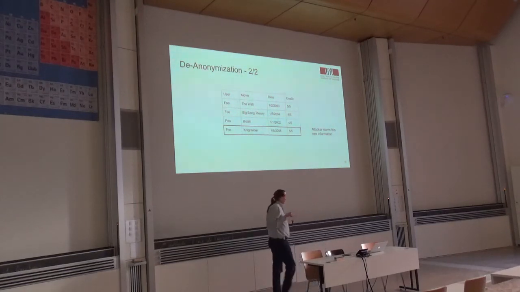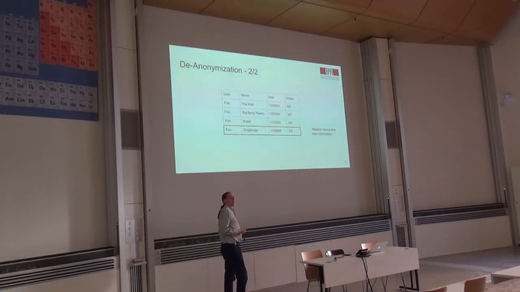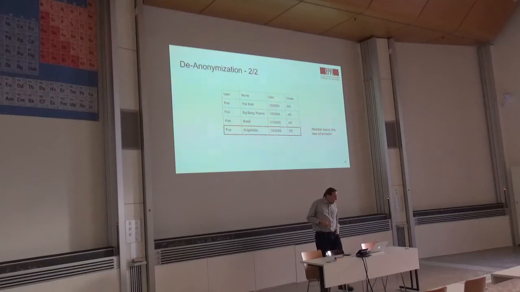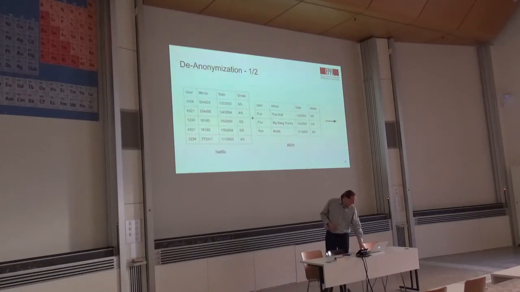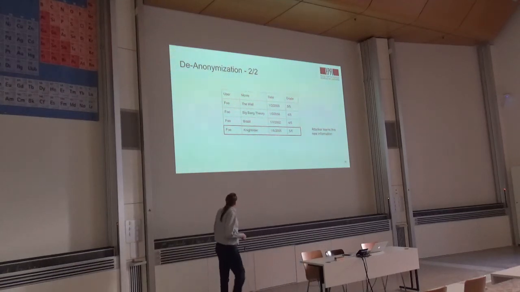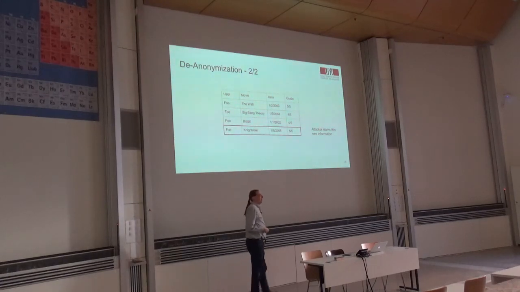In either of the databases, there can be additional information that wasn't present in the other, right? So perhaps the IMDb database only revealed these three movies that user foo watched and liked, but the Netflix database reveals a fourth movie that the user might be embarrassed about it being publicly known they liked.